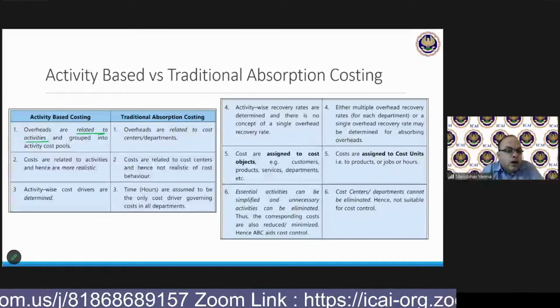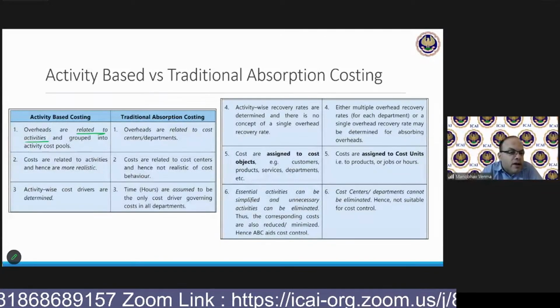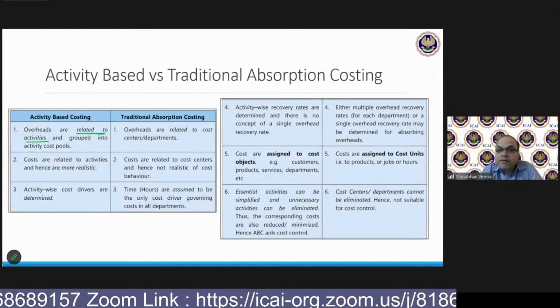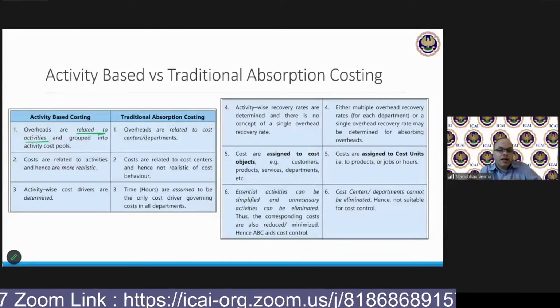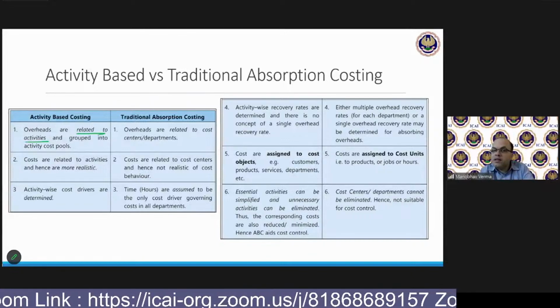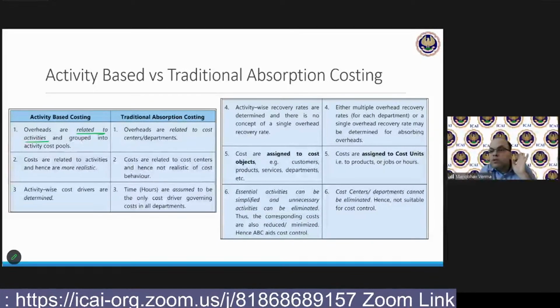Similarly, we are talking about more realistic costing, that is our ultimate objective, and involvement of cost drivers is there. We are first identifying the activity wise cost recovery rates, then assigning those to the cost pools.